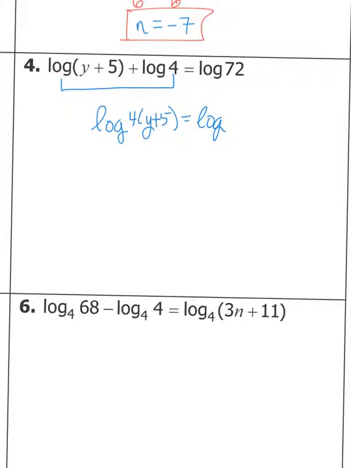And now that I have a log equals a log, I can drop the logs and just set the arguments equal to each other. And now all you have to do is solve. So distribute. And solve.